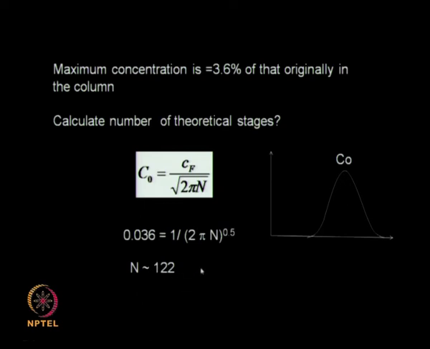N comes out to be 122, very interesting. So we can use this type of approach to calculate the number of theoretical stages. So you see, if the number of theoretical stages is very large, because it comes in the denominator, C naught will become smaller, okay. So you will get a smaller and smaller peak.